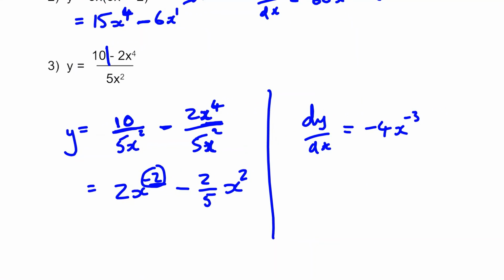And for the second one, we're going to times by the power. So we have this 2/5 multiplied by 2. So that's just going to affect the numerator at the top of the fraction. So that's going to go up to a 4. The denominator stays the same. And we're going to decrease that power of x. So minus 4/5 x.